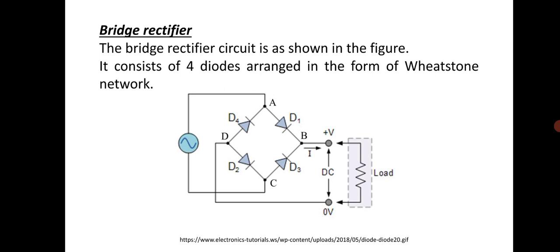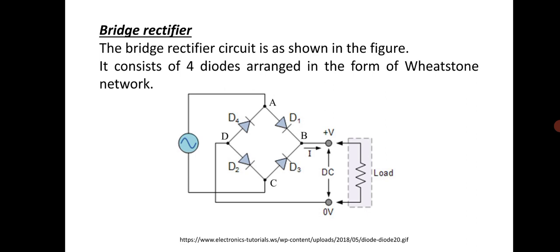It can move towards D1 or towards the load resistance, but D1 is reverse biased, so it will not go to D1, but it will move from B to the load resistance, and from the load resistance it comes back to the point D. From point D, D4 is forward biased now, so the current flows through D4 to point A and from point A to the input. So in this way the current flows in steps.